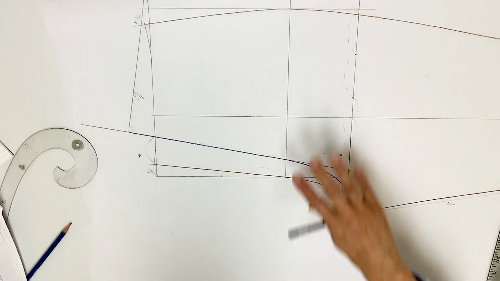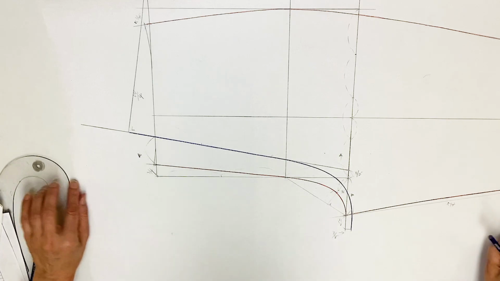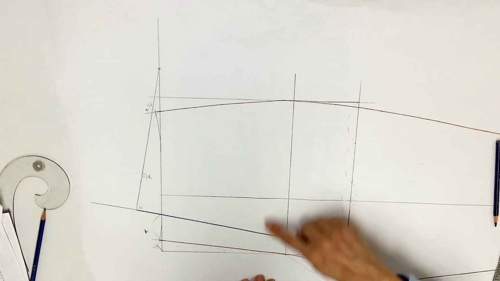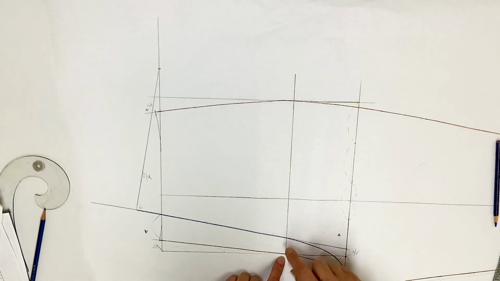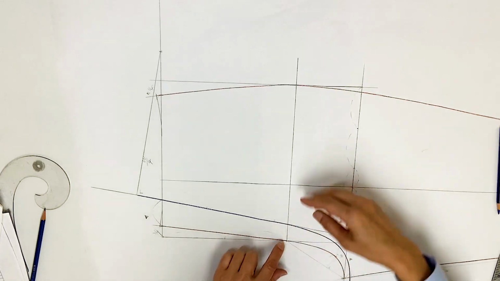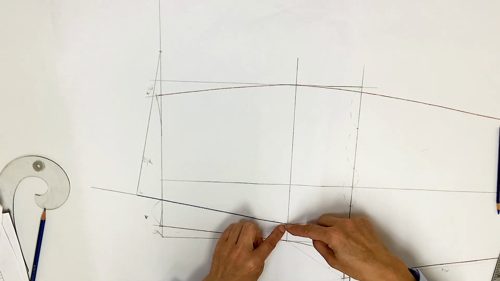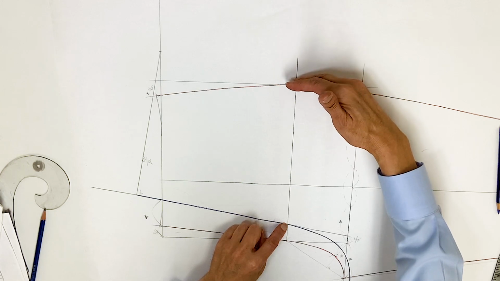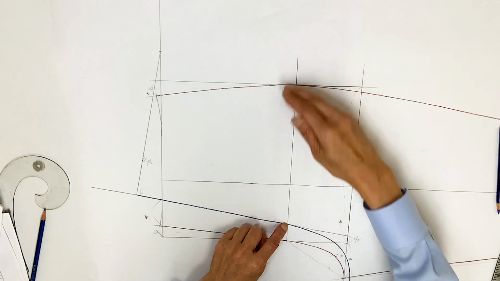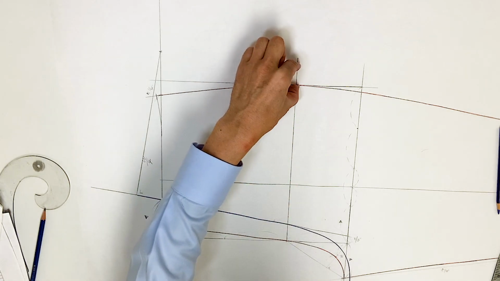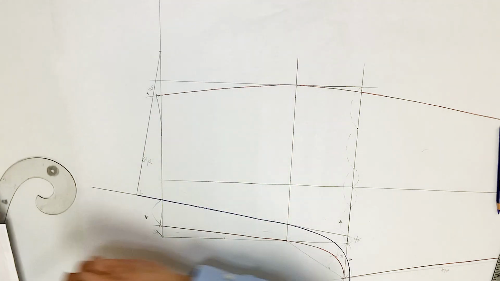Let's work on the side seam, side hip. You see now the back, since I brought in this much, this is the center back line. If I keep the side seam the same as the center front pant, it's small. So you measure this and add the same amount to the side.